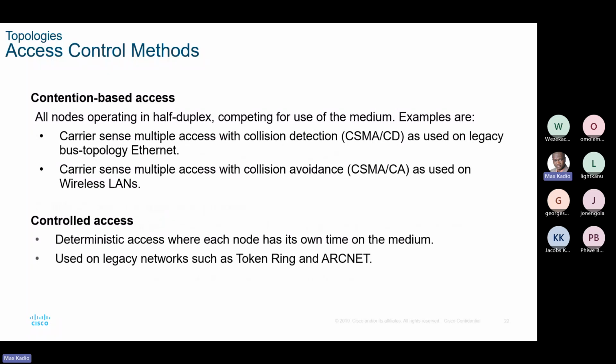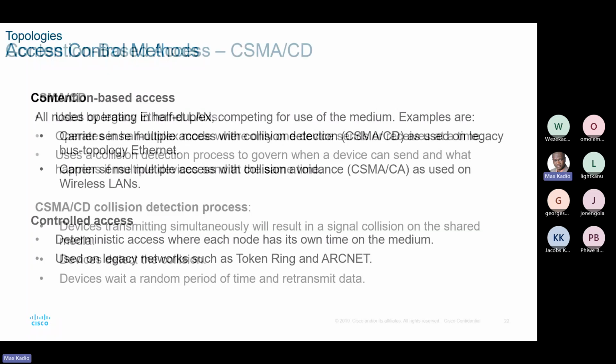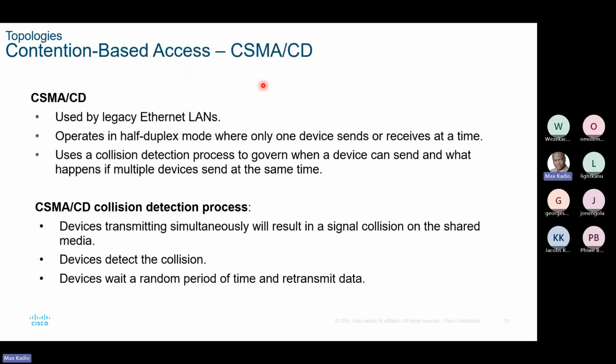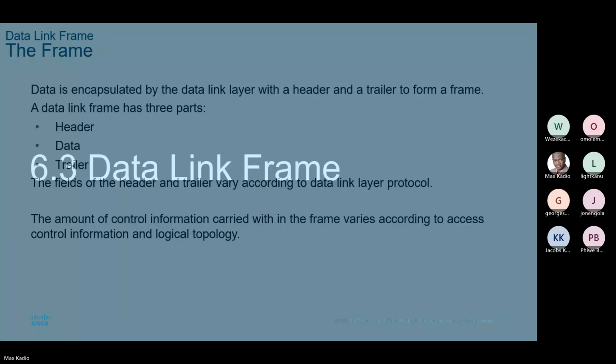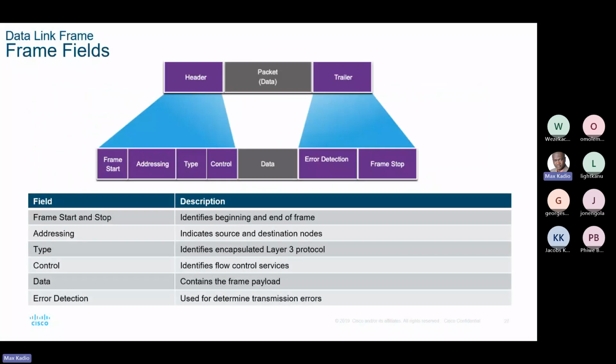Now here we'll try to explain more about CSMA/CD for half duplex, but we don't use half duplex anymore. If you grab a frame or a PDU at layer 2, it's called a frame, and you'll see this info there.